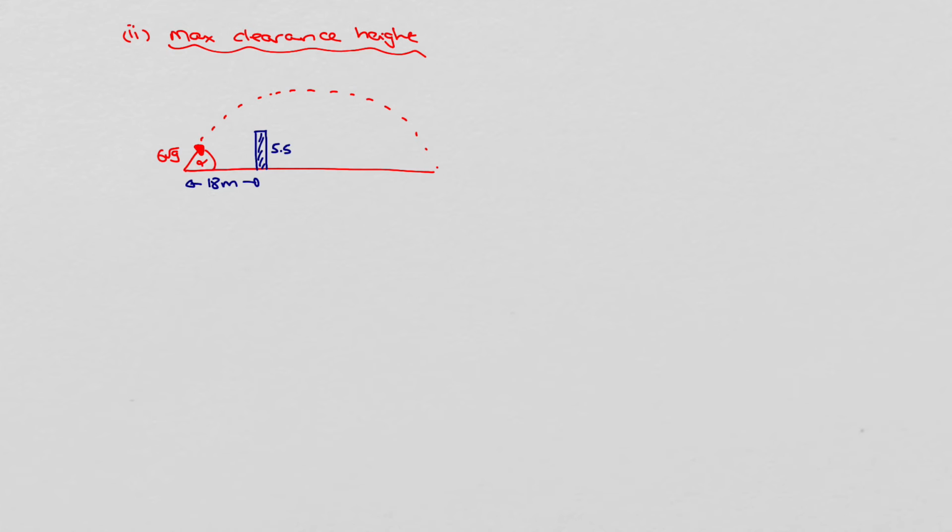So if it is clearing it, this distance above the wall is the clearance height, and therefore that must be the height at that time, which is SY, and therefore the clearance height is going to be SY minus 5.5.